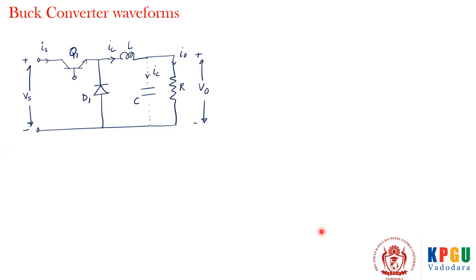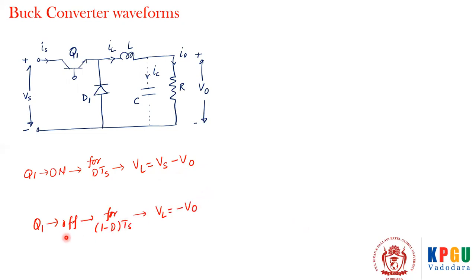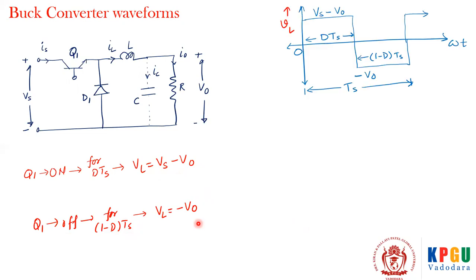Now let's see the waveform of this buck converter. So we can see this is the converter, and when it is turned on for D times TS, VL is VS minus V0, and when it is turned off for 1 minus D times TS, VL is equal to minus V0. These are the waveforms which are established at steady state, when the current and voltage at the output are stabilized.